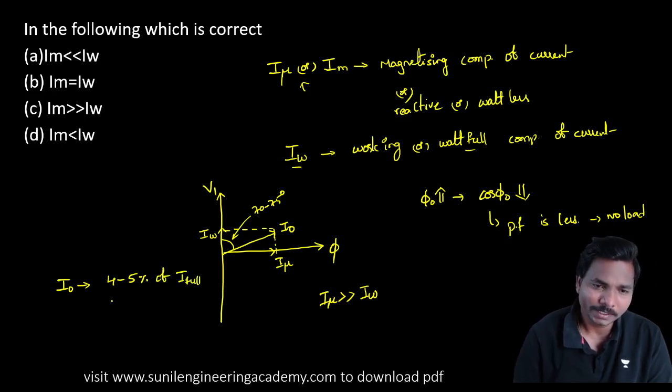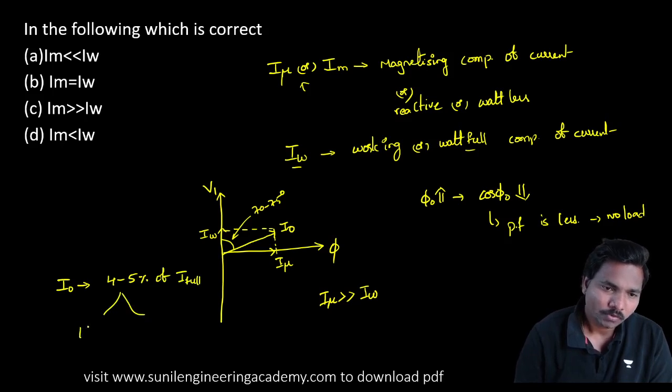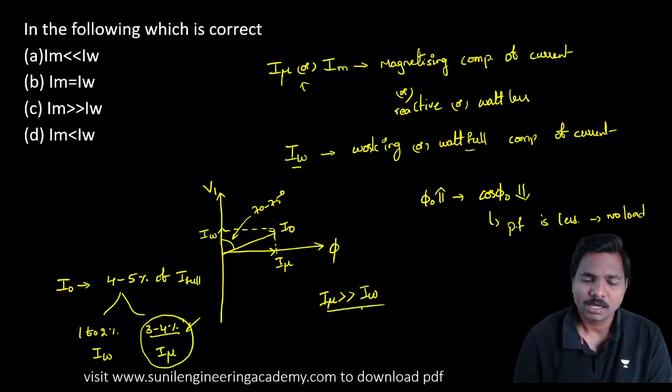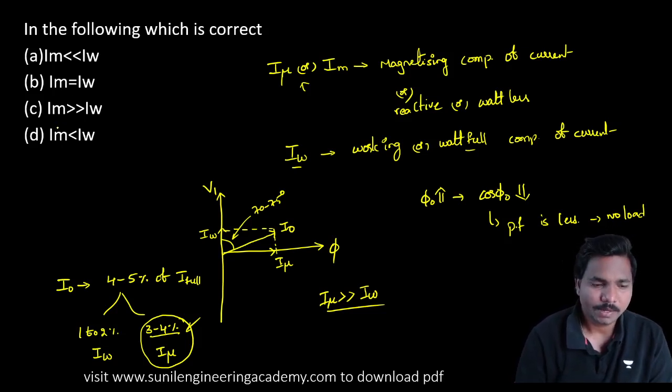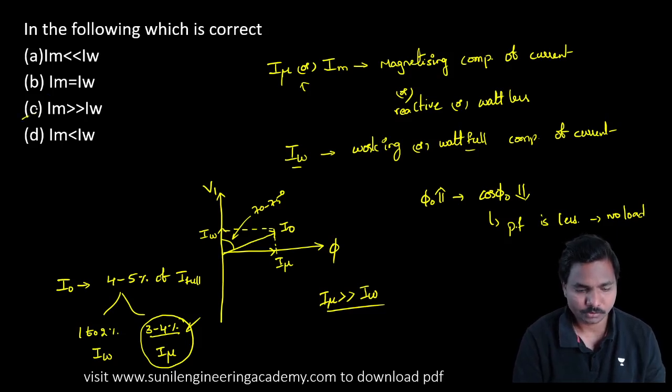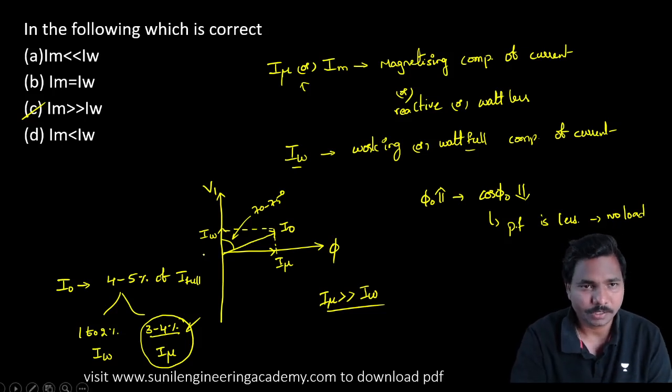Of this, 1 to 2% is I_w, and the remaining 3 to 4% is magnetizing current. Magnetizing current is always higher. So which is correct? I mu is double greater than I_w. So the answer is option C. Very important question.